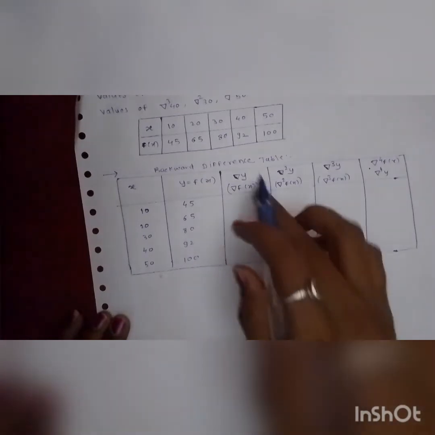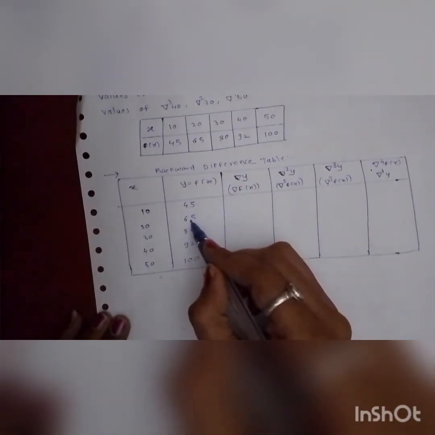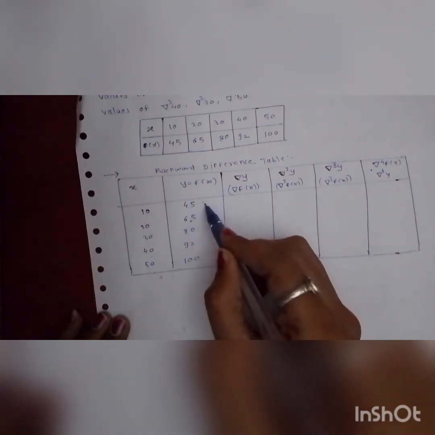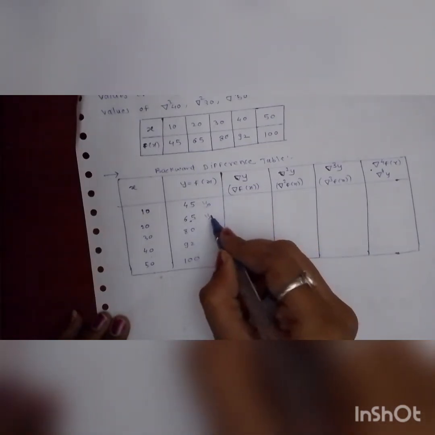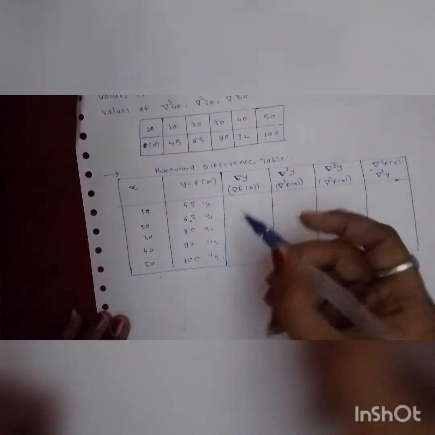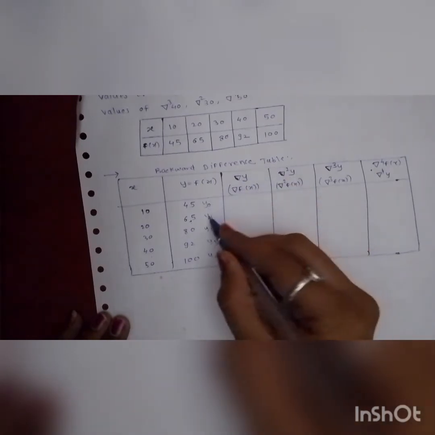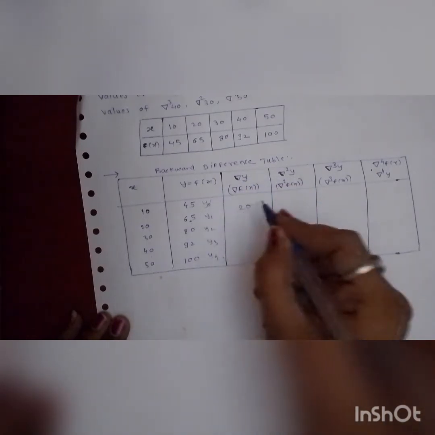From these values we calculate delta y. These are the values of y0, y1, y2, y3 and y4. Delta y0 is y1 minus y0, this is 20.